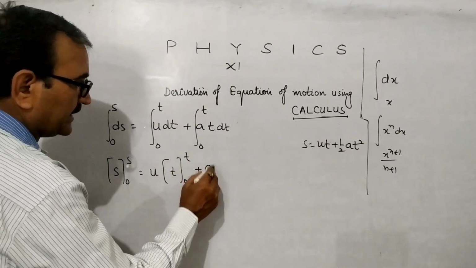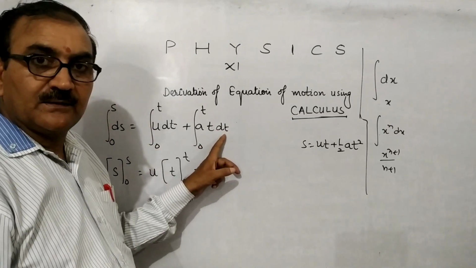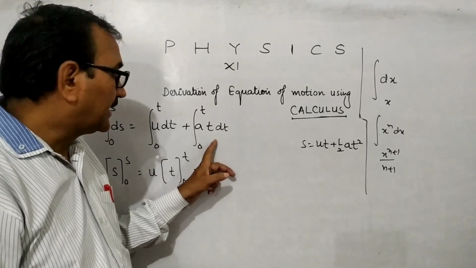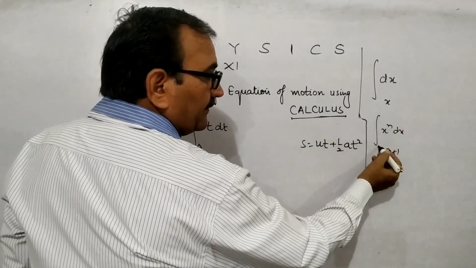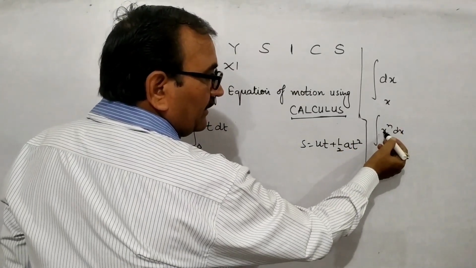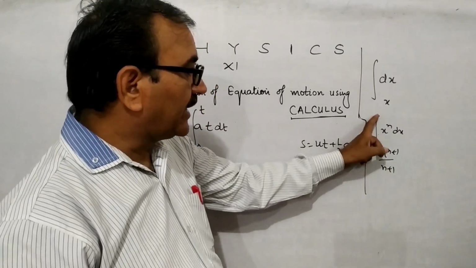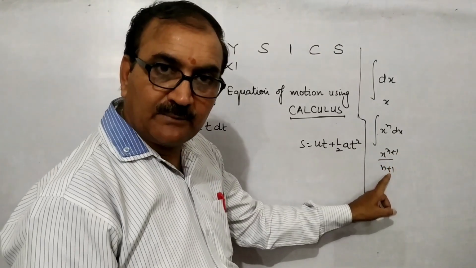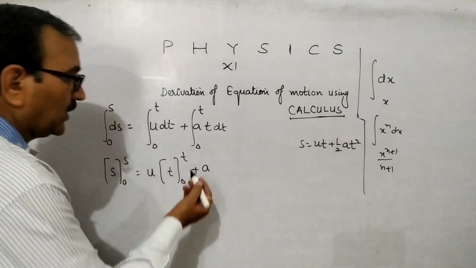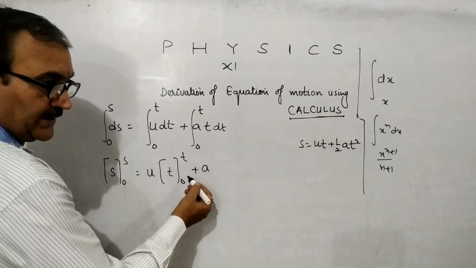Here a is constant, but integration t dt. I have written the formula: integration x power n dx is x power n plus 1 upon n plus 1. Clear? So here a taken as common, as a constant.